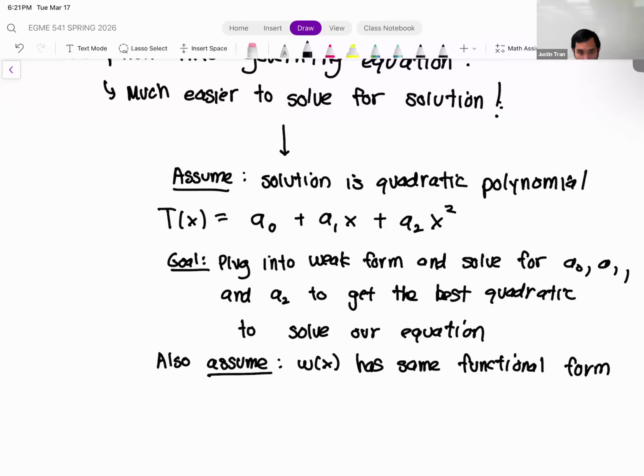Because we are assuming T of x is a quadratic function, that means w of x is also going to be a quadratic function. So it's equal to b0 plus b1x plus b2x squared.